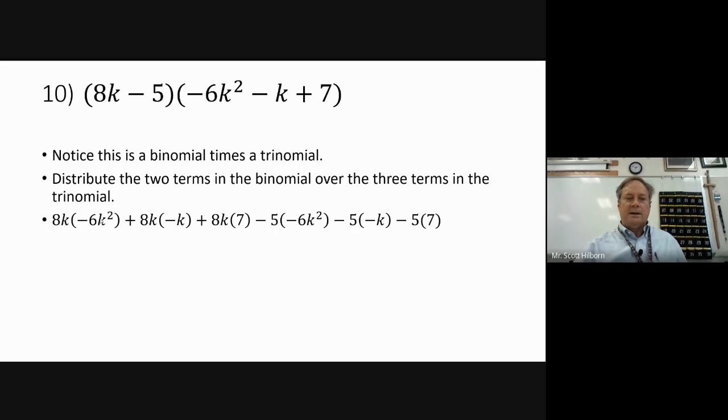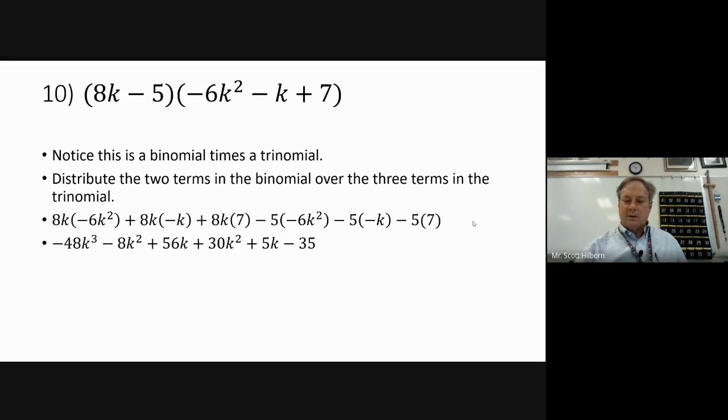So we're going to go 8K by each of these, and then minus 5 by each of those. And here's where you just got to take your time a little bit. I see I got a K cubed. That's the only one I got, but I got a K squared there, a K squared there, a K1 there, a K1 there, and the negative 35 by itself.